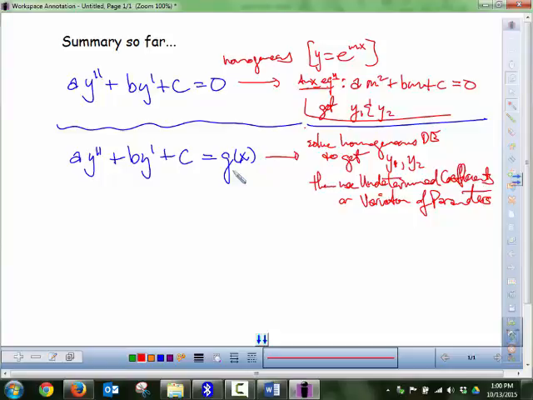When it gets more complicated than that, like tangents and some other weird stuff, then use variation of parameters. Okay, and the variation of parameters uses the Wronskian and all that business.